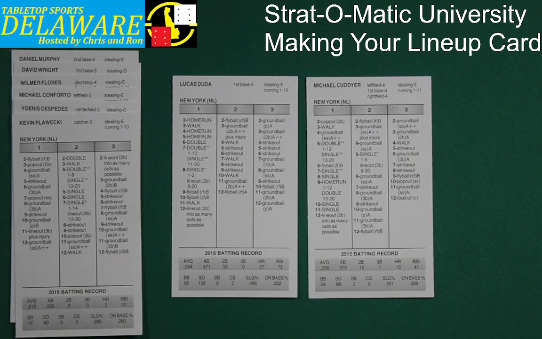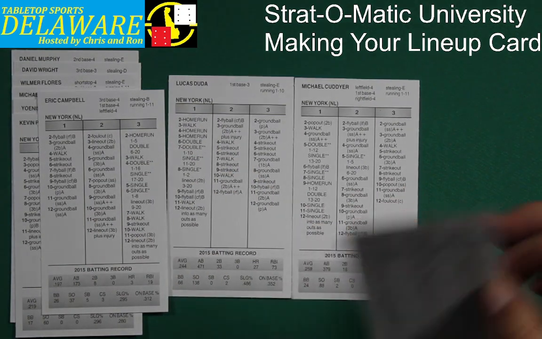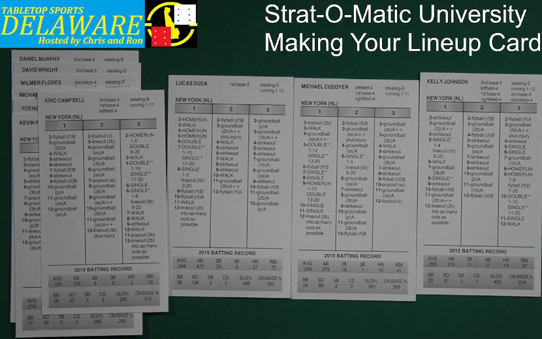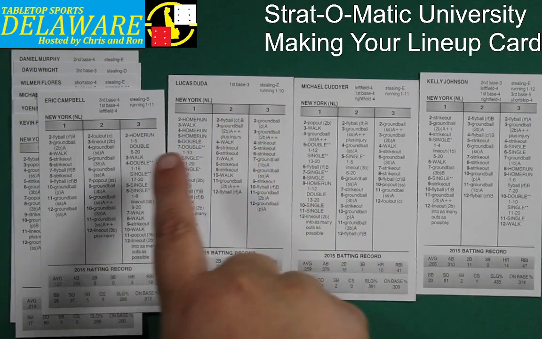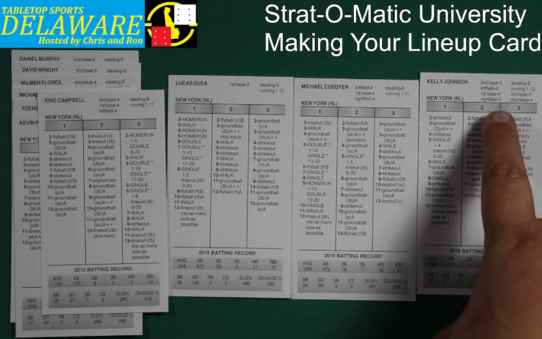Michael Kadire can play first, and Eric Campbell and Kelly Johnson can play first. So let's get them all in here and consider them all. Lucas Duda, of course, he's first base only when he plays. He's got 471 at bats. He fields at a 3 defensively. Campbell's a 4, Kadire's a 4, and Johnson's a 4.